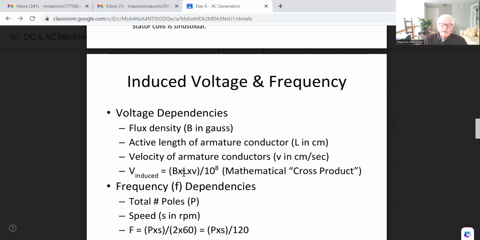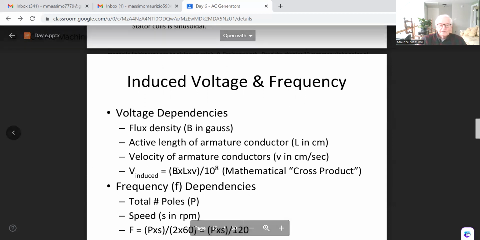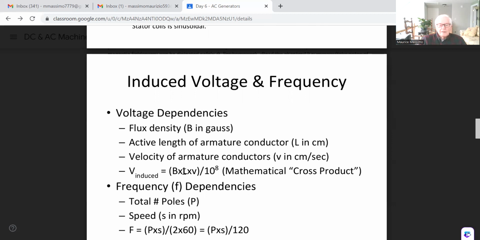We use B cross L cross V divided by 10 to the 8th. We know where the 10 to the 8th comes from, because 10 to the 8th is 100 million. 100 million lines being cut gives you 1 volt, so depending on how many lines you have times the speed, you get the voltage.